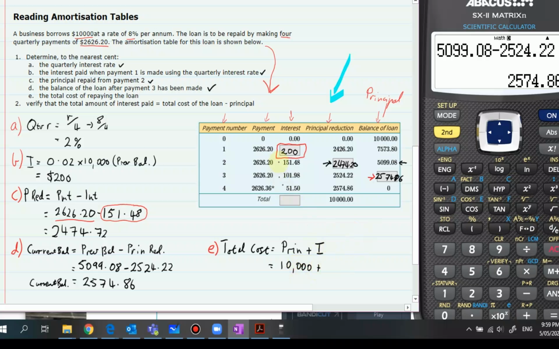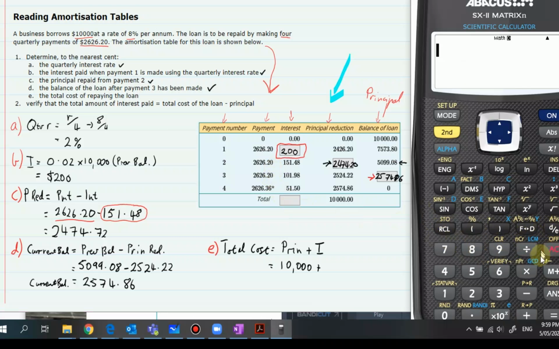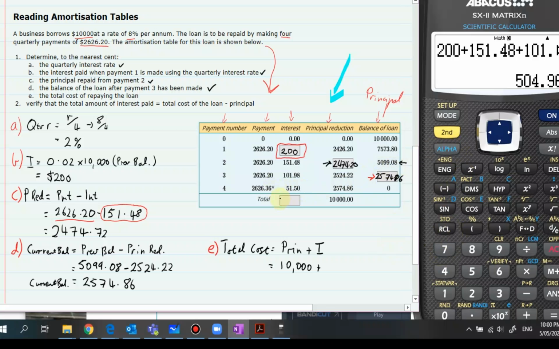The total interest, which I'm going to have to add up, is 200 plus 151.48 plus 101.98 plus 51.50. Tally that, and we get 504.96. So that's our interest there, 504.96. Add those two together and we get $10,504.96. All rounding very nicely.